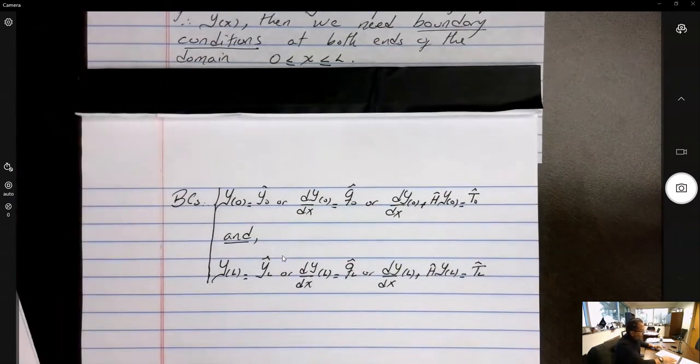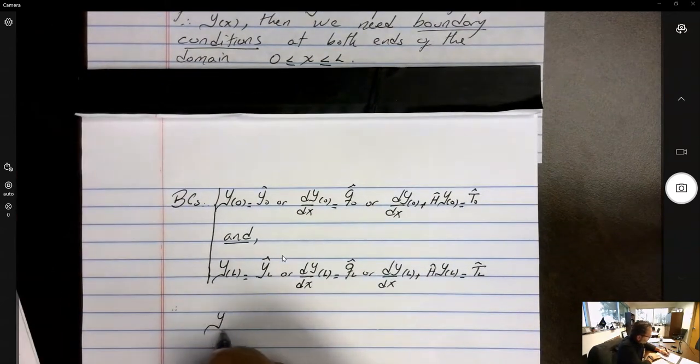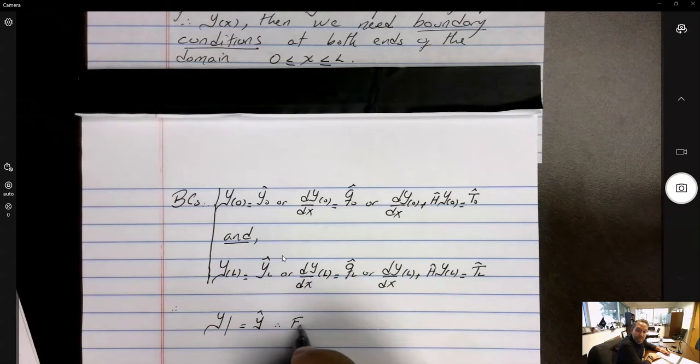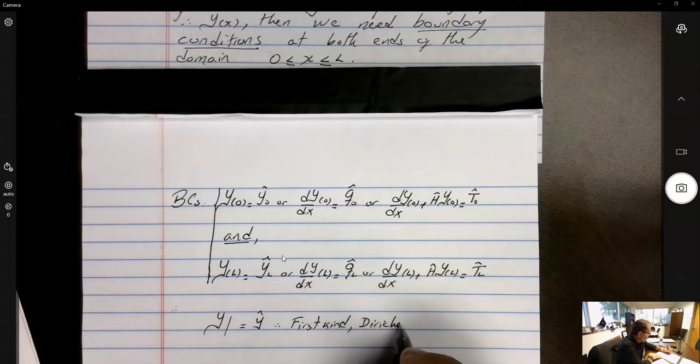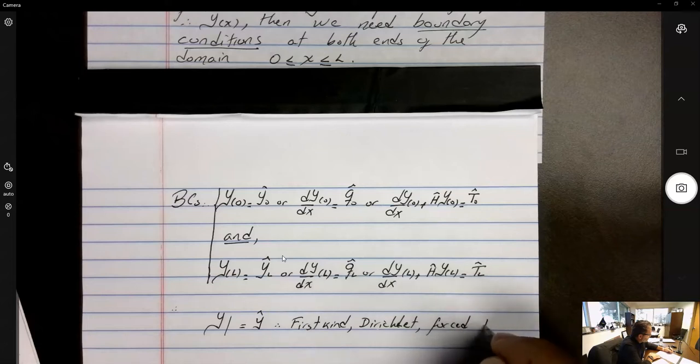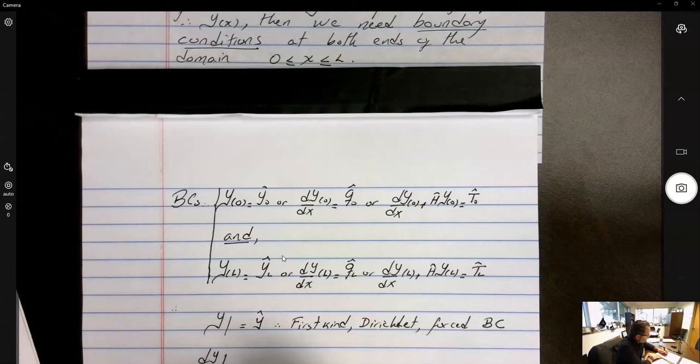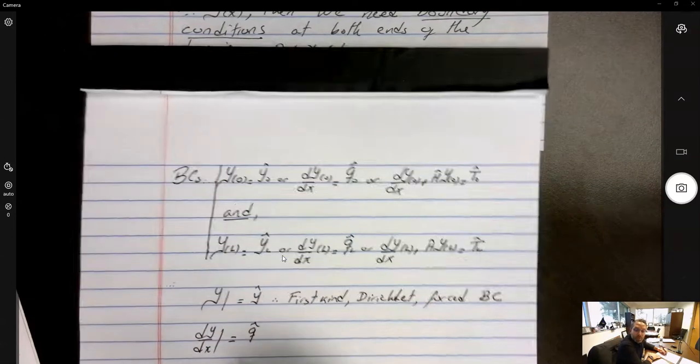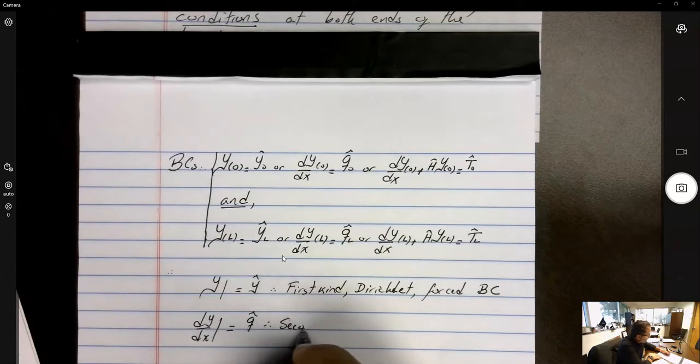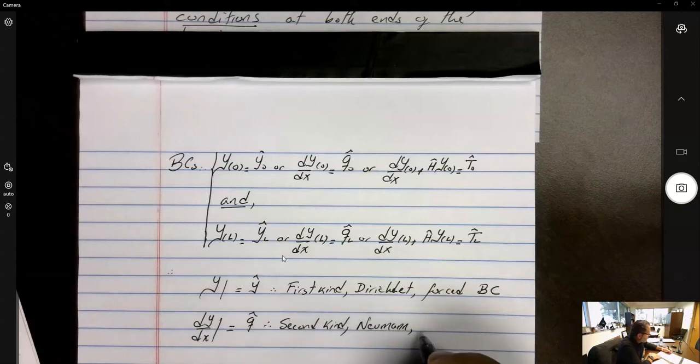Okay, so when y is equal to some given value, this is called first kind, Dirichlet, or forced BC. When we impose dy/dx is equal to some given value q, this is called a second kind, Neumann, or natural boundary condition.